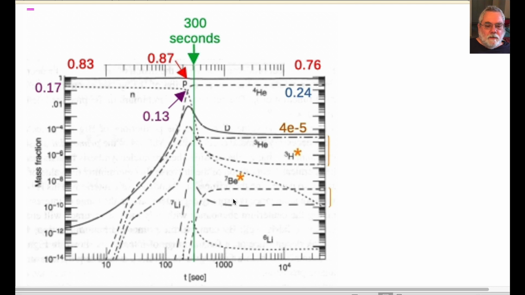This curve is lithium-7. Helium-4 and helium-3 can fuse to produce beryllium-7, which is shown here, which decays to lithium-7 with a half-life of 53 days.